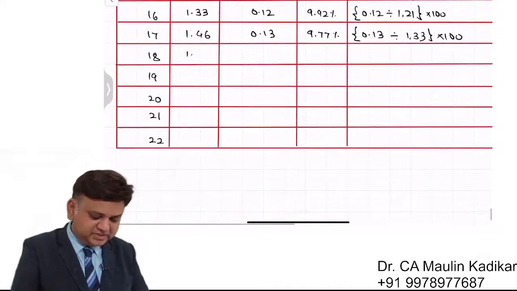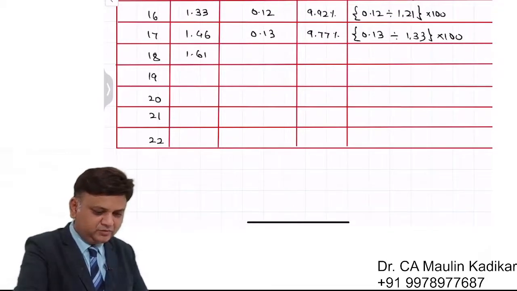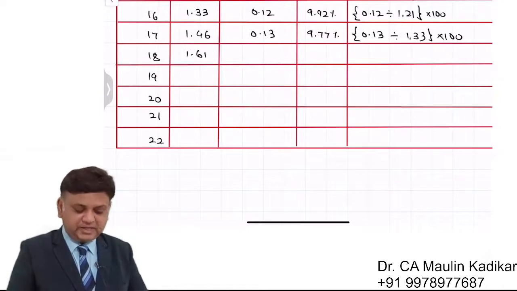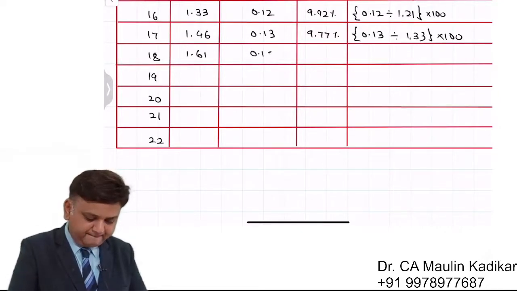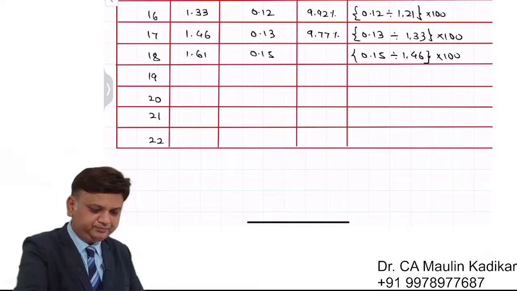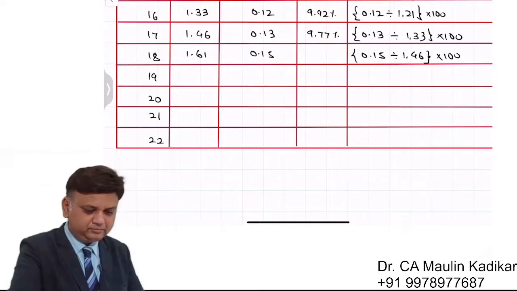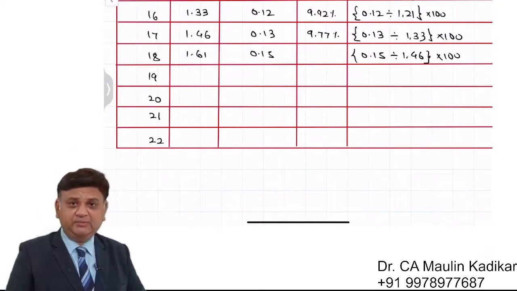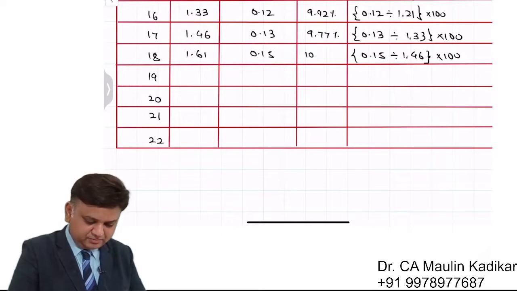Next is 1 rupee 61 paise. 1.61 minus 1.46. That comes to 15 paise. 0.15 divided by 1.46 into 100. That comes to 10.27 percentage.